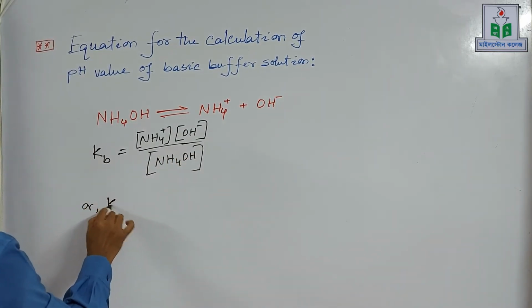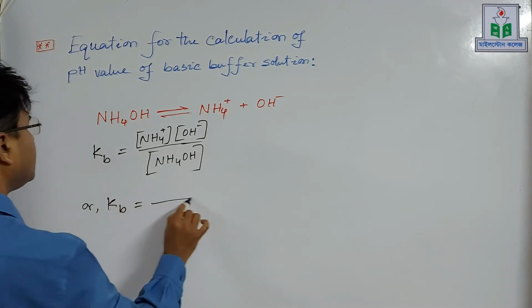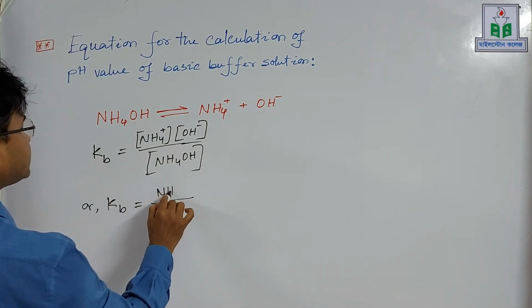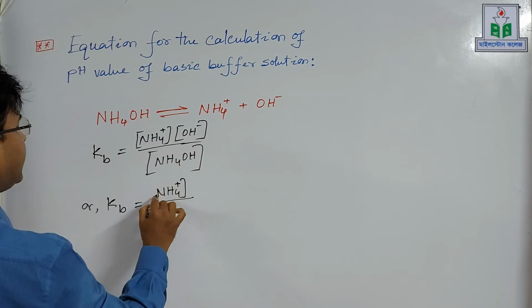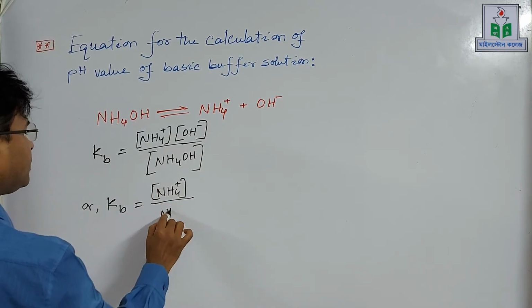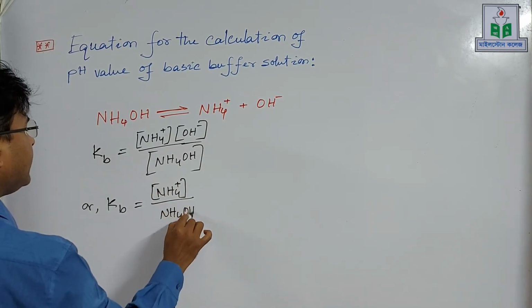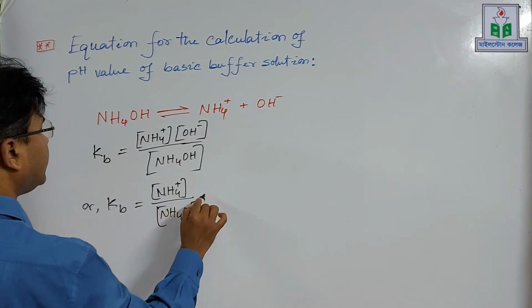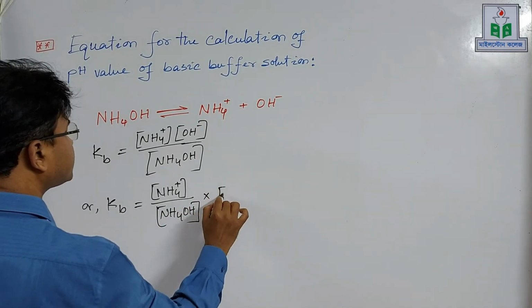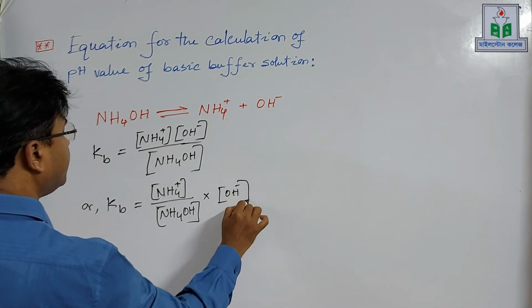So I can write here Kb equals molar concentration of ammonium ion divided by molar concentration of ammonium hydroxide into molar concentration of hydroxide ion.